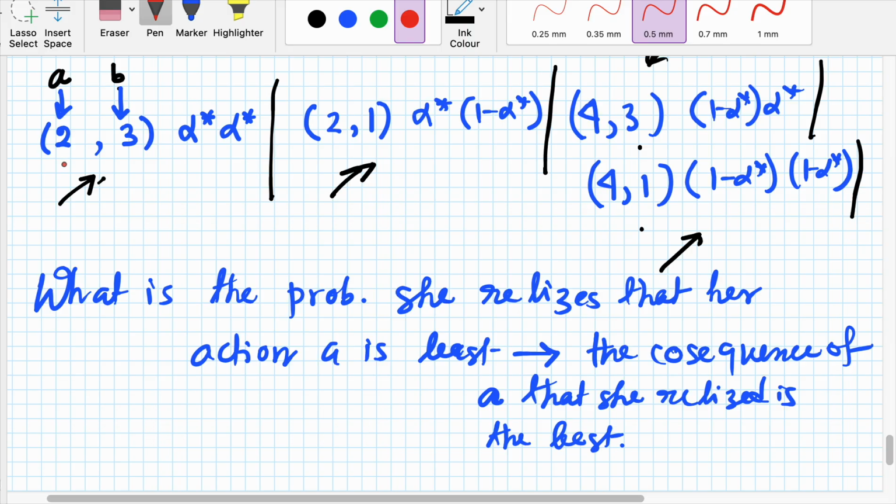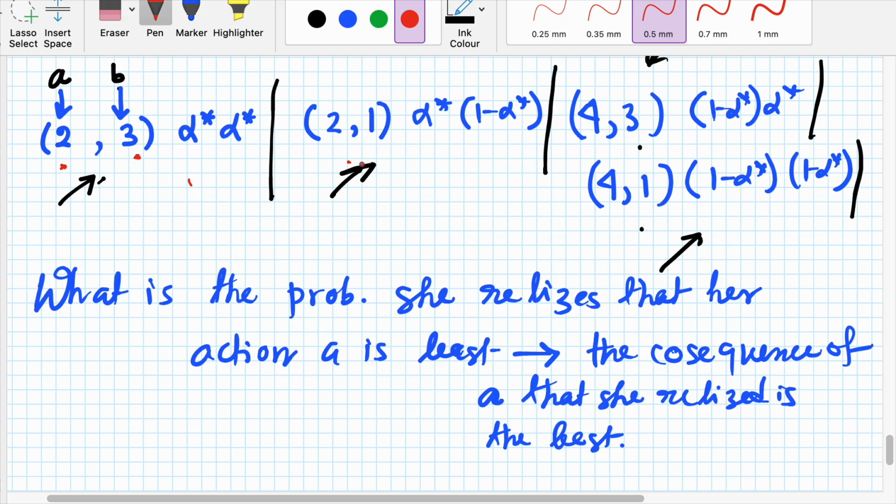In this case it is not happening, because if she realizes this outcome with probability alpha star square, then the consequence of A is 2 and the consequence of B is 3. Obviously the consequence of A is lesser than that of B, so she finds that A is not best, B is best here.